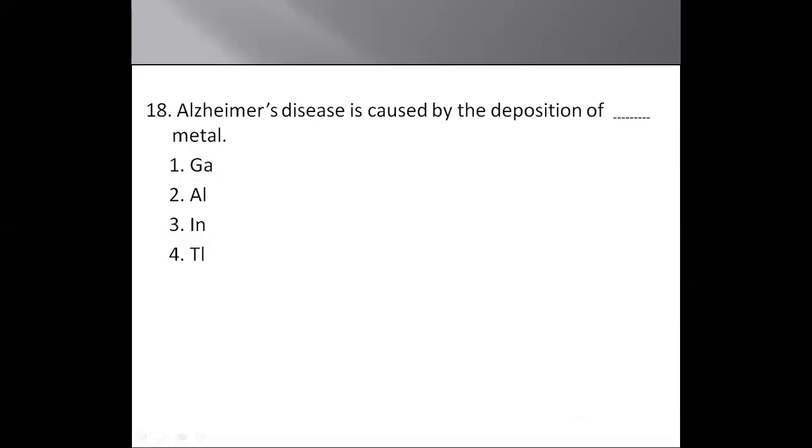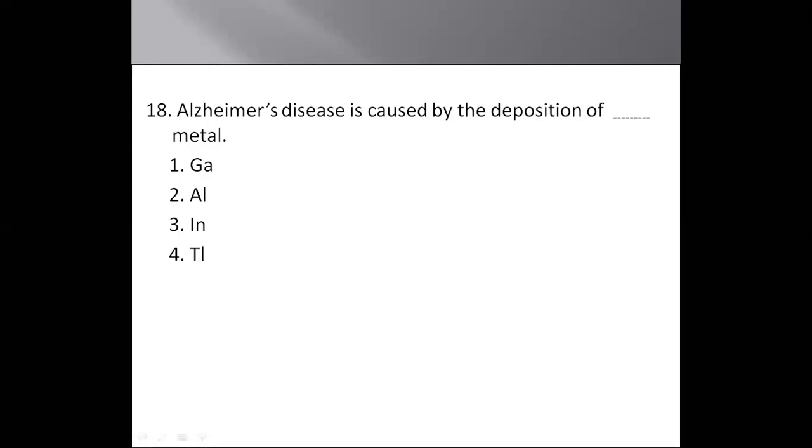Now, the next question is, Alzheimer's disease is caused by the deposition of which metal? By studies, we have come to know that this metal, aluminium, is one of the reasons for this. Why?